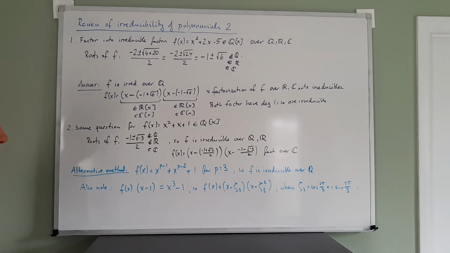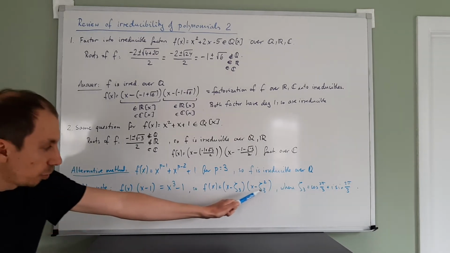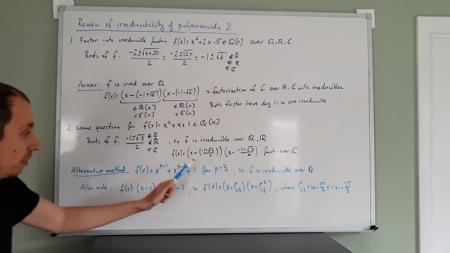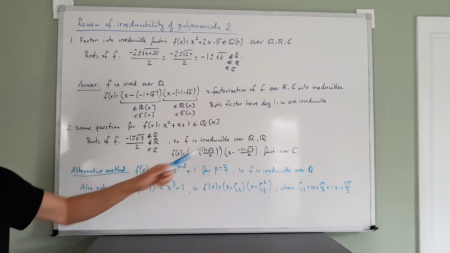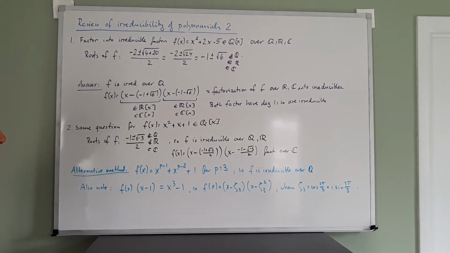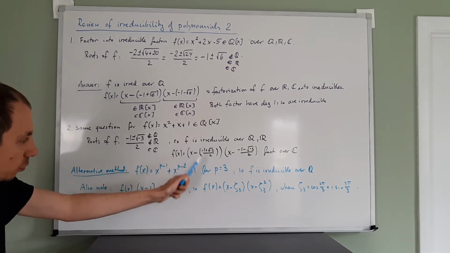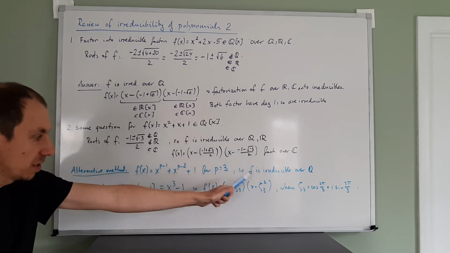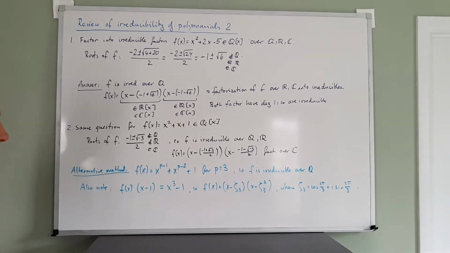So this gives you something curious here. This factorization must be exactly the same as the previous factorization, because we have uniqueness of factorization in polynomial rings over fields, which means one of these roots is zeta 3 and the other one is zeta 3 squared. I give it to you to figure out which of them is which. Use a picture on a complex plane to figure out which root is which.